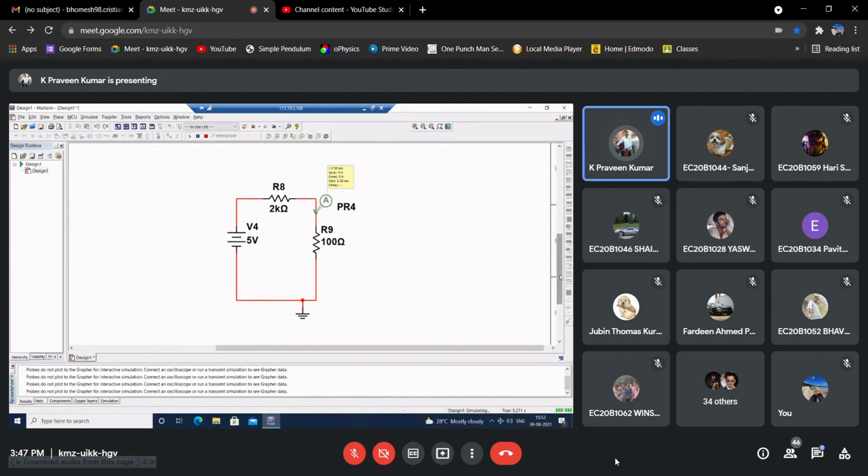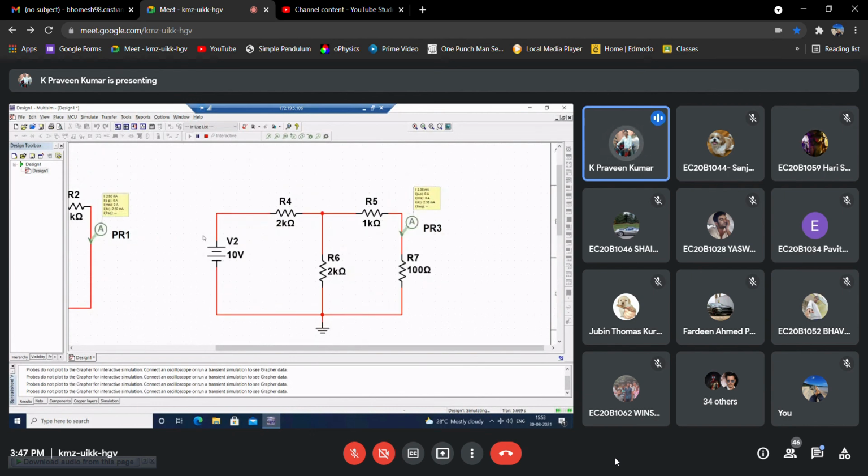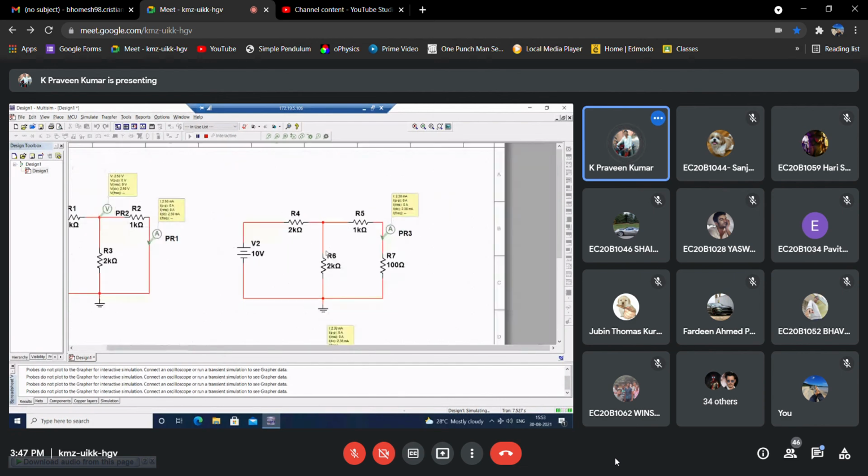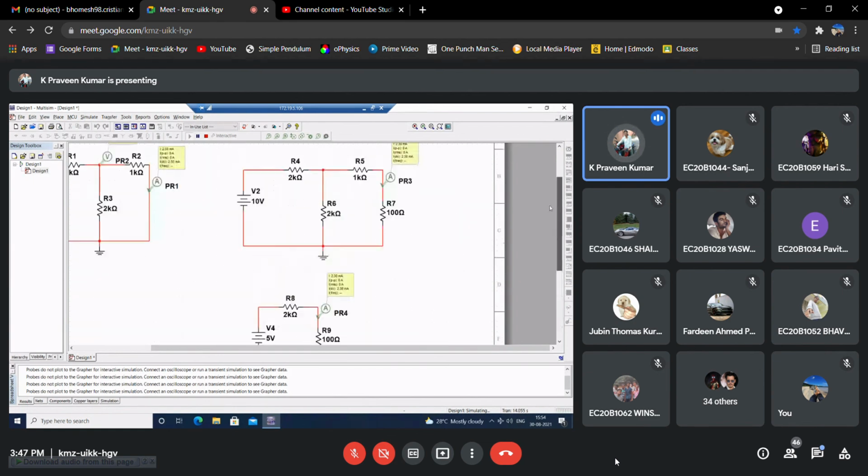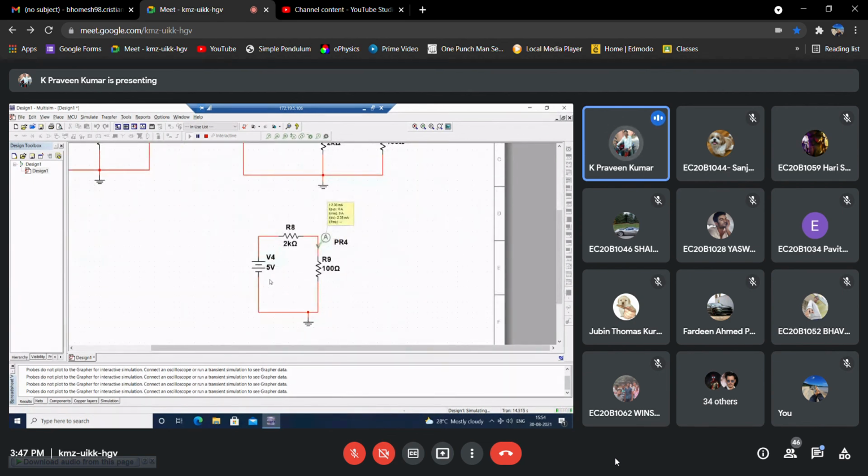Whatever response we got with our actual circuit, that is 2.38 milliamp, the response we have got with its Thevenin equivalent circuit is the same. So this is the way we can verify Thevenin's theorem. First we need to calculate the Thevenin voltage and the Thevenin resistance.